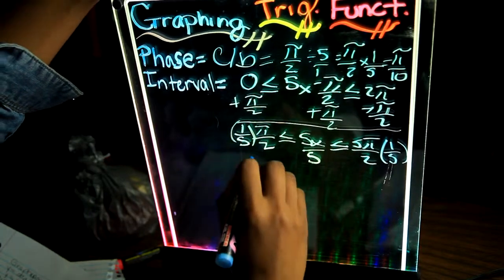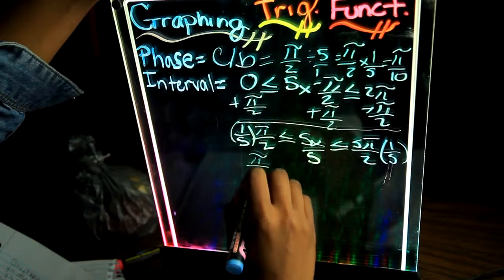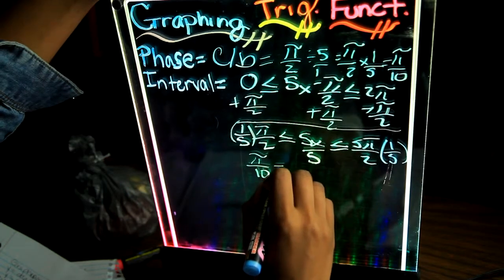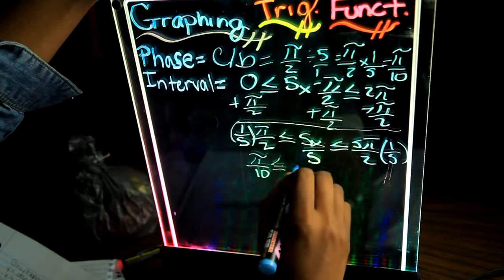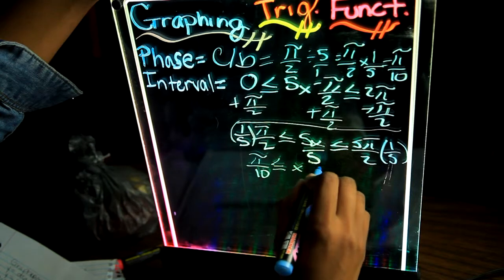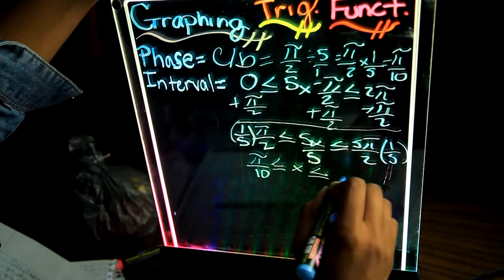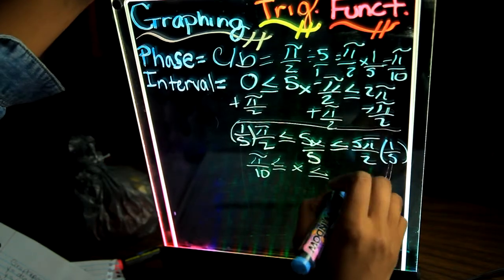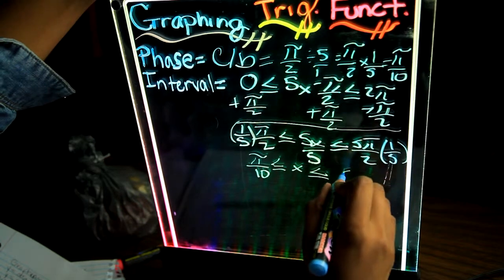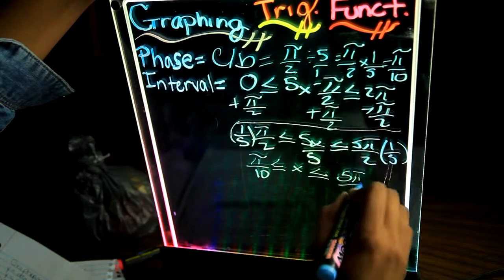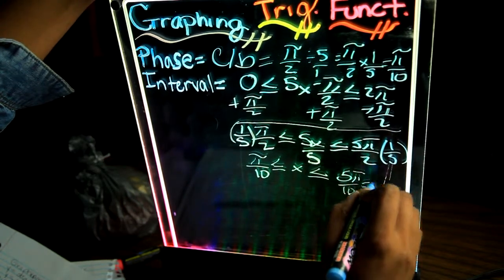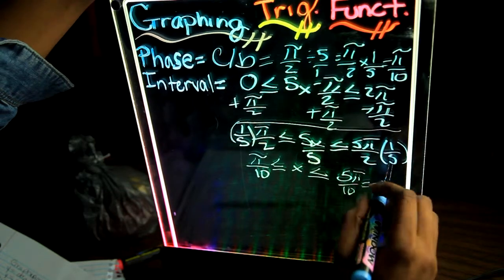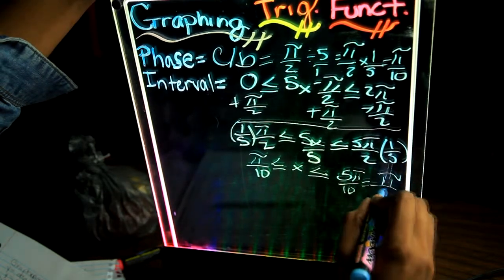And we get pi over 10 is less than or equal to x, and x is less than or equal to 5 pi over 10, or pi over 5.